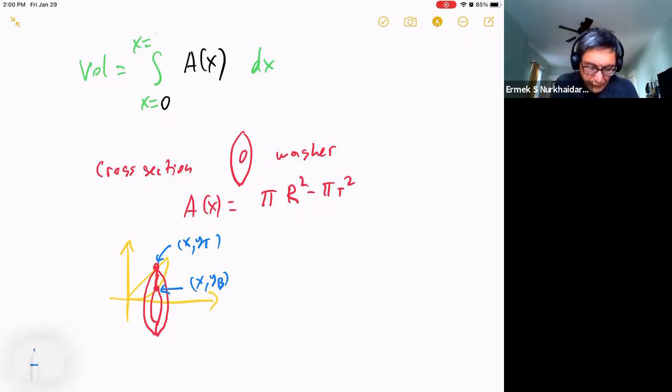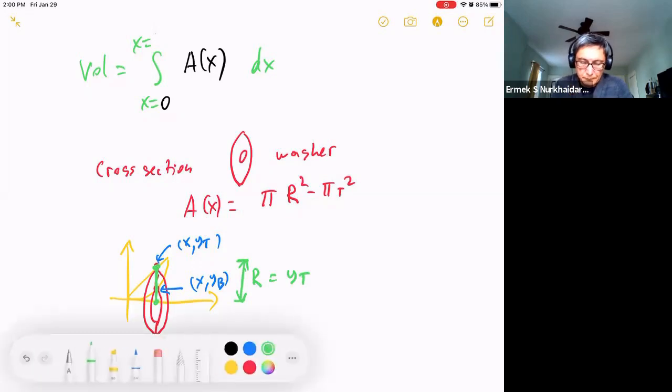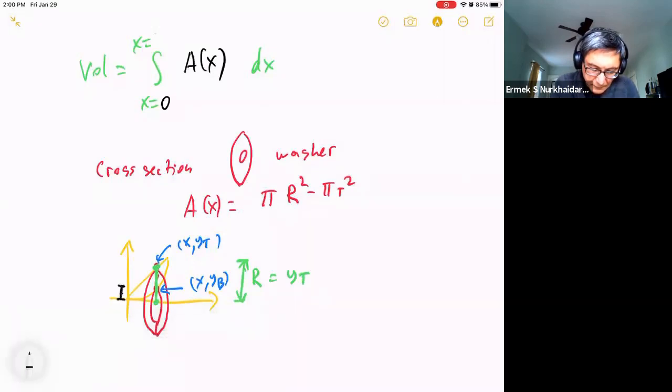Okay. Now, if I look at this picture, I see that the outer radius is going to be from here to here. And you see the outer radius is measured from the top point toward the x-axis. So it's y top. Inner radius is going to be this piece.